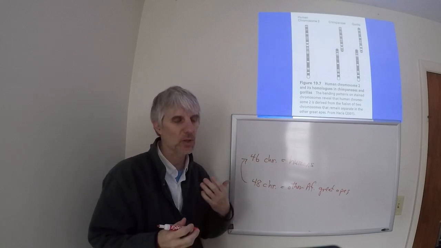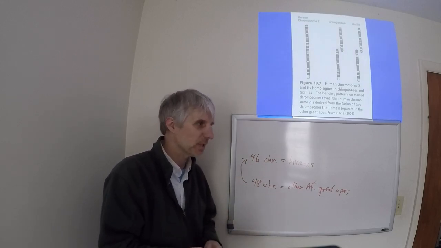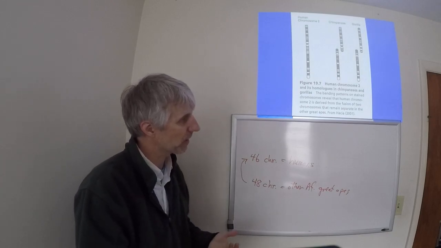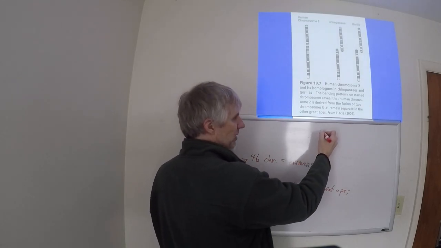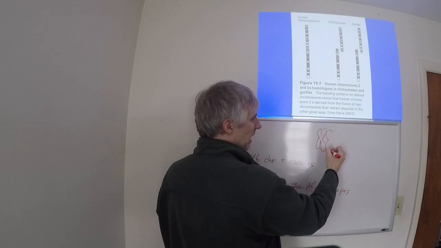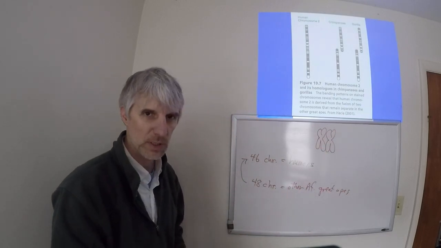It's just instead of a goof-up with a non-disjunction, you have this weird, what's called a translocation. Translocations occur where tetrads get too close together.